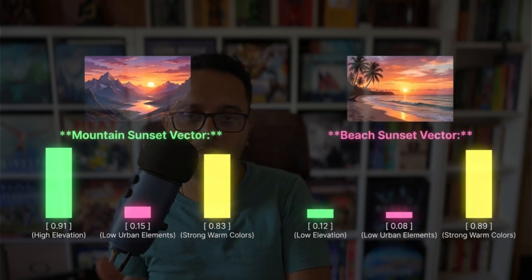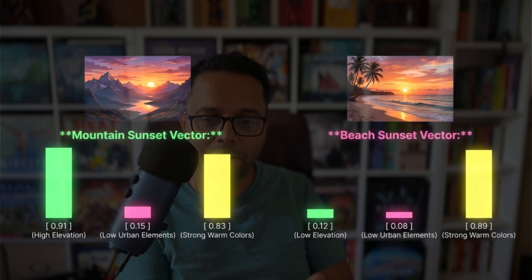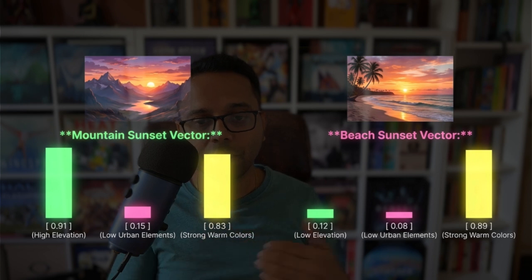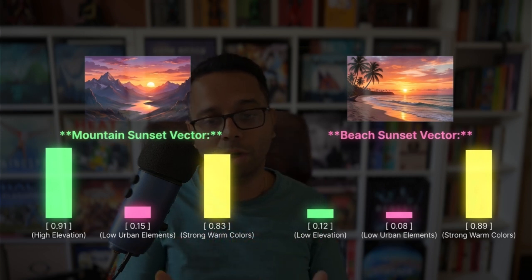So it has mountain and high elevation, and there are low urban elements here because we're in the mountains, in the hills, etc. And for strong and warm colors, it will have a higher number. Similarly, when it takes the beach image, the low urban elements and strong warm colors will be somewhat similar to the previous image. But when it comes to elevation, the elevation number will be lower, right?